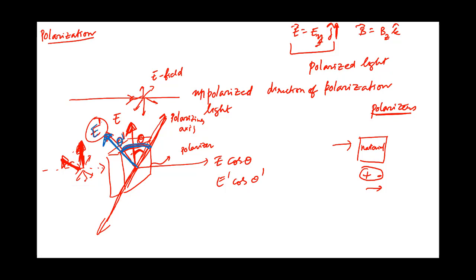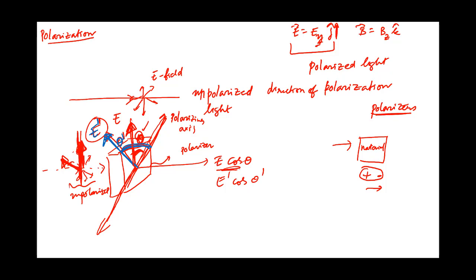So if I pick one particular electric field E in unpolarized light, this is the unpolarized light that is incident, and as I have mentioned, in unpolarized light you have the electric field oscillating every which way. If I pick the electric field along the vertical direction like this, making an angle theta with the polarizing axis, then only a projection E cosine theta comes out.